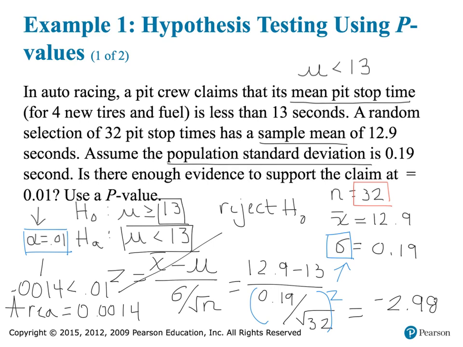So finally, our last step in our hypothesis test is to interpret the decision in the context of the original problem. And so at a 1% level of significance, we have sufficient evidence to reject the claim that greater than or equal to 13 seconds, or reject the null that greater than or equal to 13 seconds is required on average for the pit crew to change 4 new tires and fuel.